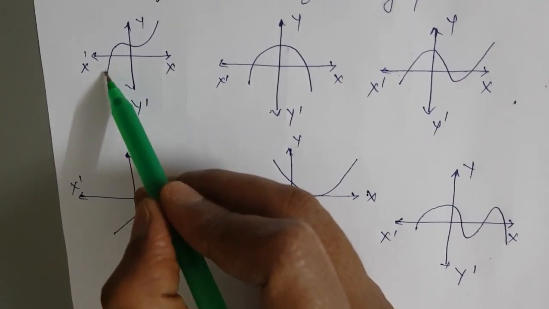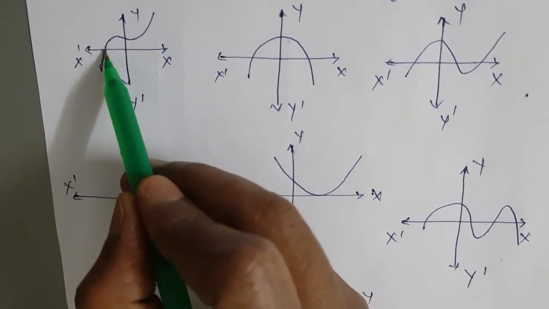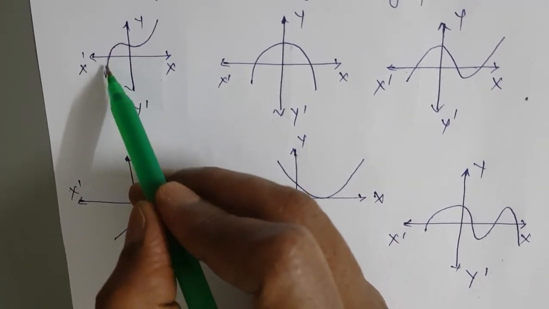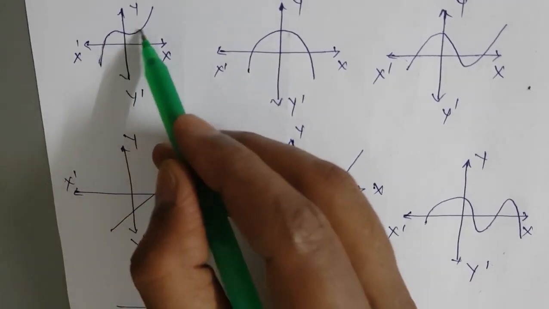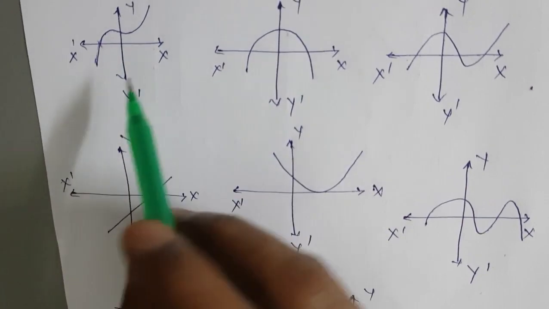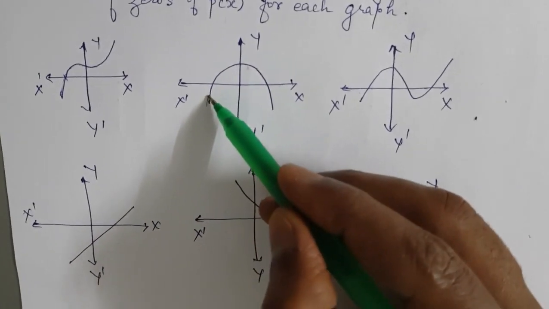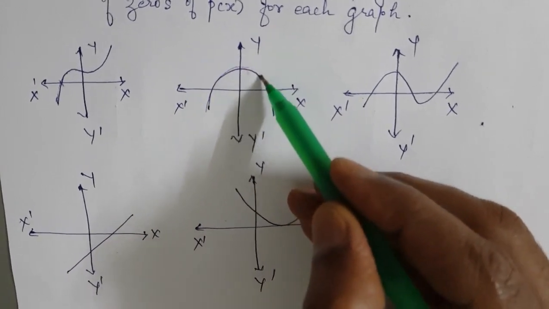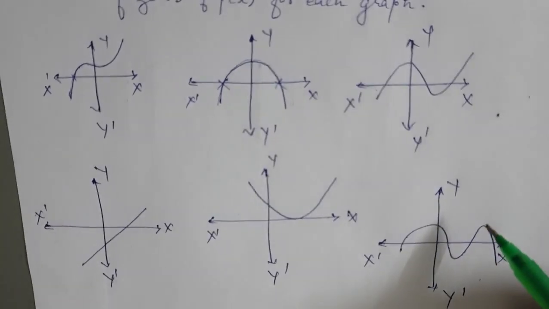Here, the curve is not touching, it is intersecting, it is crossing the x-axis at one point, so it has got 1 zero. Here, the curve is intersecting the x-axis at 2 points, so it has got 2 zeros.